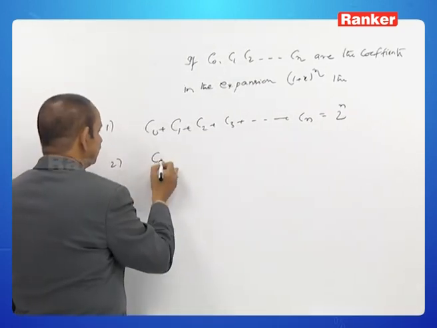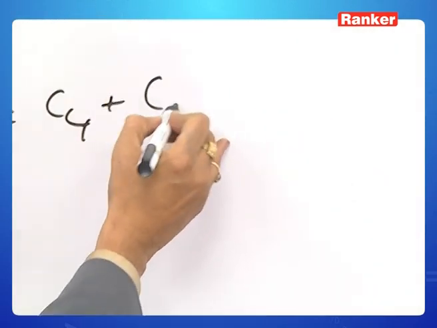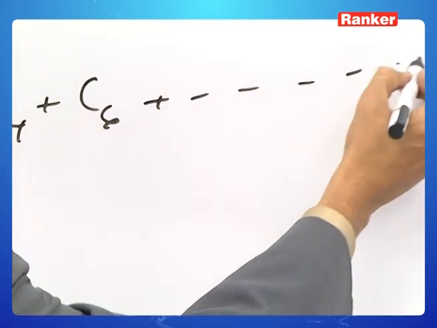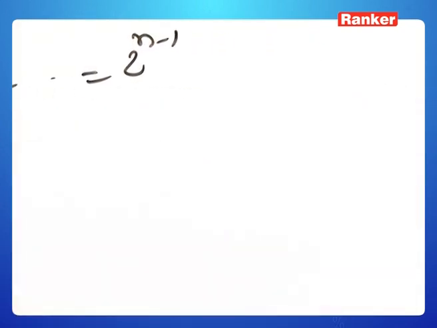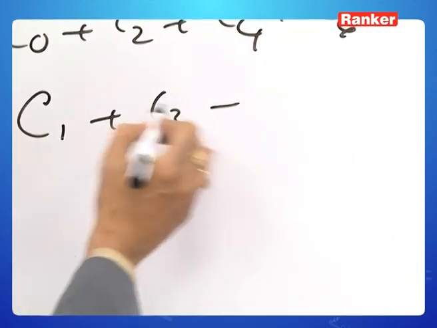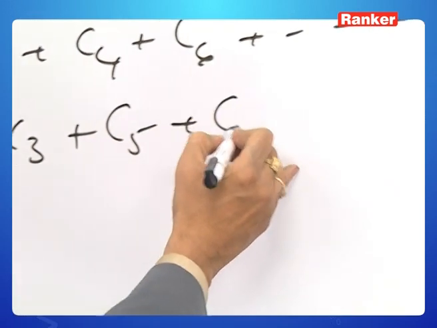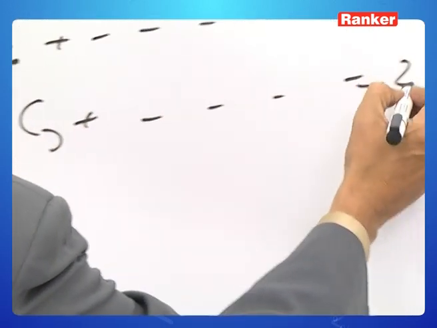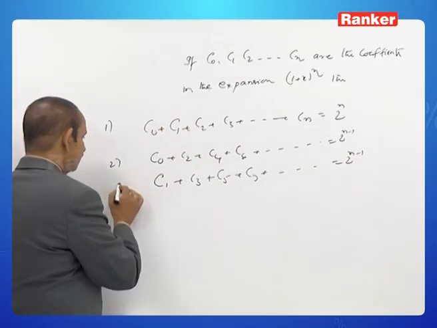Second one, C0 plus C2 plus C4 plus C6 and so on is equal to 2 power n minus 1. C1 plus C3 plus C5 plus C7, sum of all odd coefficients, is also 2 power n minus 1.